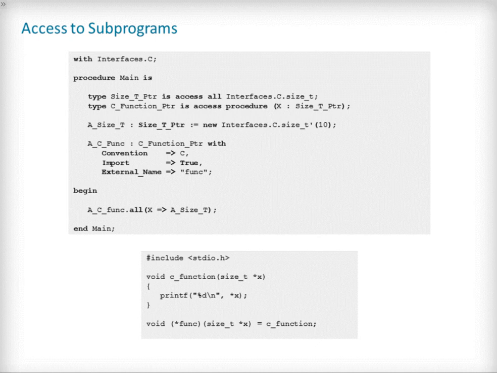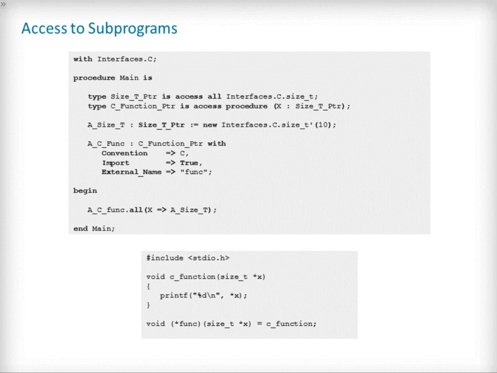Ada can also import C function pointers and use them as access to subprogram entities. The C code declares a function called C_function that accepts a pointer to a size_t object that is eventually dereferenced as an input to printf.